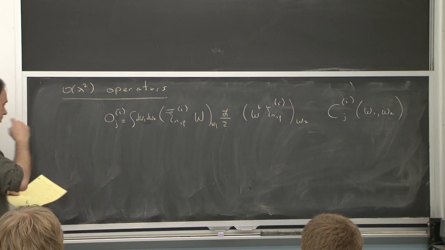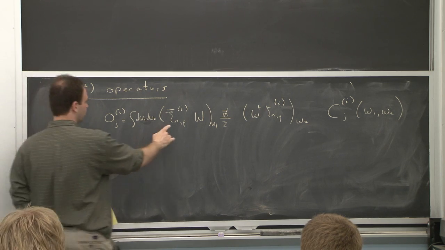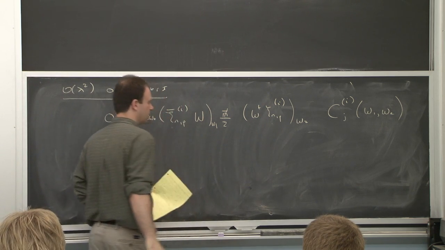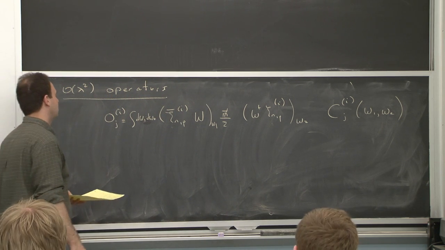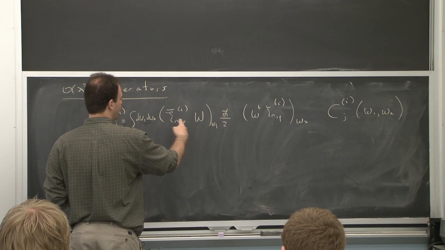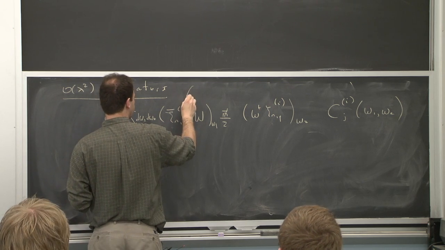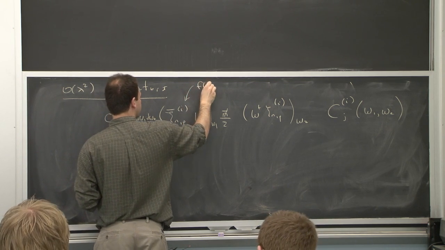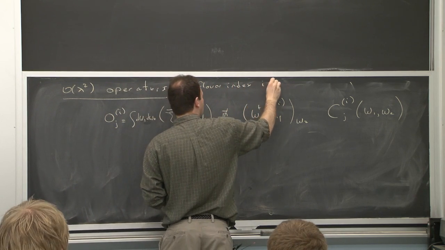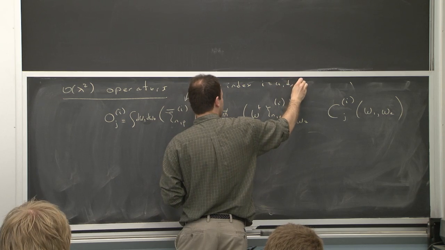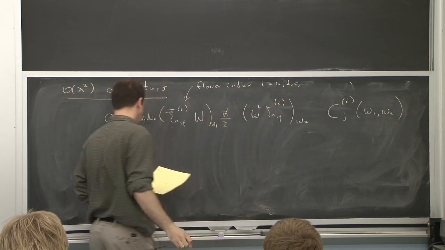Okay, so the type of operator we'd have that's order lambda squared. This guy's order lambda, this guy's order lambda, this lambda squared. And the most general thing we can think of is this. Okay? The reason why I wrote this out rather than writing it as a chi field is I wanted to emphasize that there's a flavor index. So I is up quarks, down quarks, strange quarks, etc.